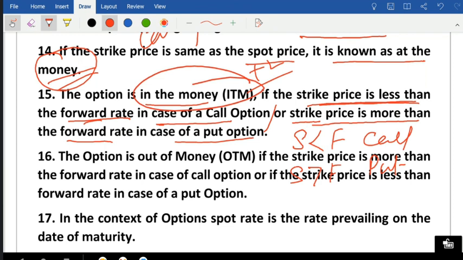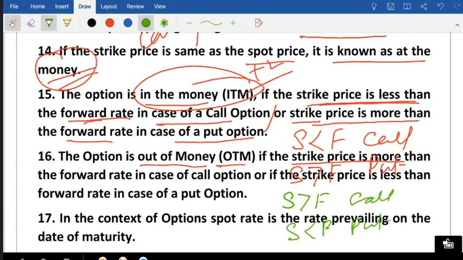Now opposite to this, the option is out of the money, OTM. If the strike price is more than the forward rate, now you reverse everything. Strike price is greater than F in call and S is less than F in put option.